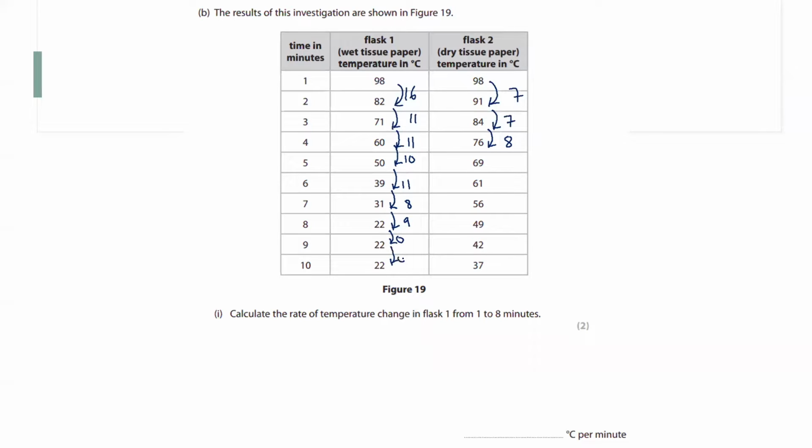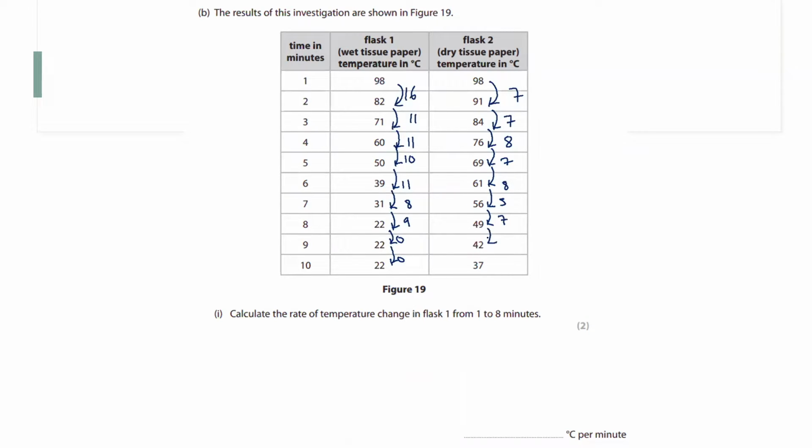So we've got 76 to 69. So 76. So it goes down 6 and then 7. A bit of mental maths here. 8. And it's going down 4, 5. 5. Then it's going down 6, and then 7 again.